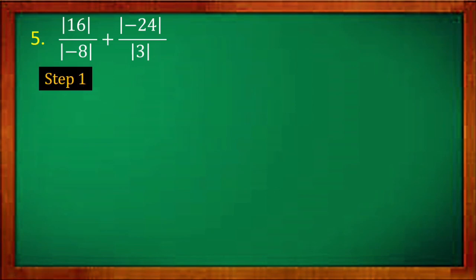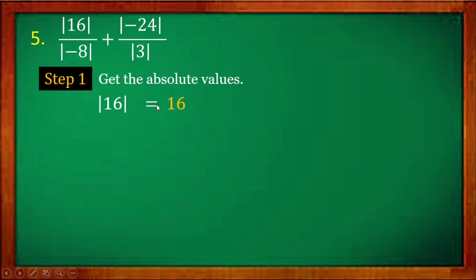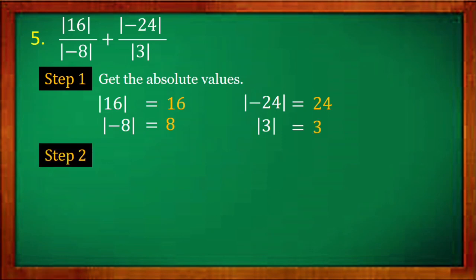So first thing, what we are going to do is to get the absolute values of all involved numbers. So we have absolute value of positive 16 is just positive 16. Absolute value of negative 8 is positive 8. Absolute value of negative 24 is positive 24, and absolute value of positive 3 is positive 3.